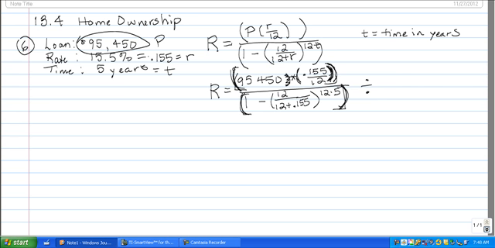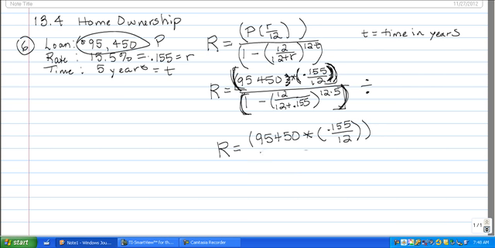Also, I'm going to copy this over one more time. Anytime I can simplify something in my head, that saves me some calculator strokes.